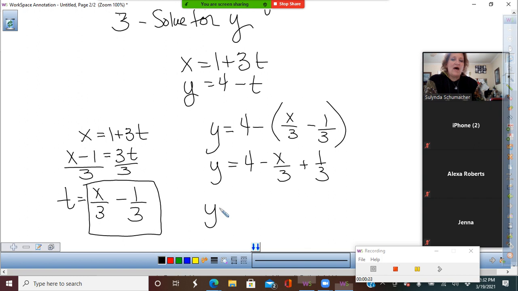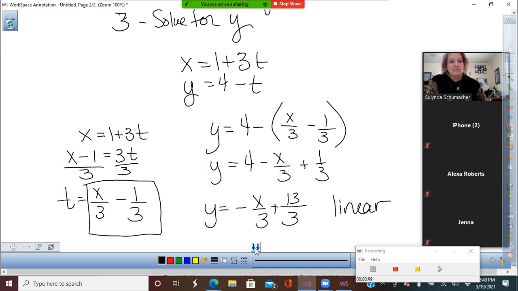So we actually get y equals negative x over 3, and combining like terms, that would be plus 13 over 3. So we find out that the equation we have here is a line, or it's linear. The last example I did was quadratic, right? It was a parabola. It was on its side, but it was a parabola.